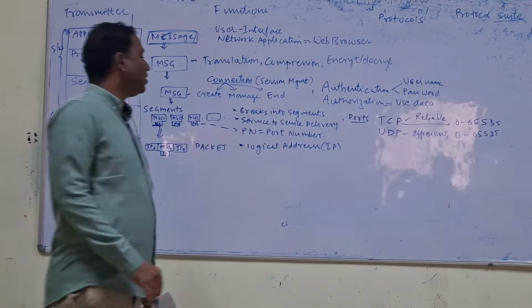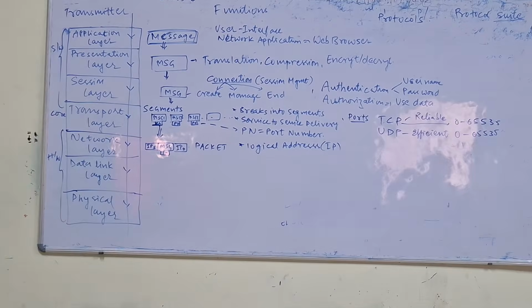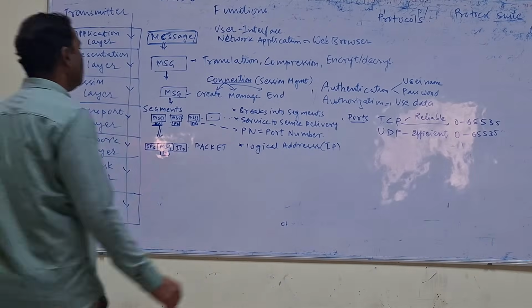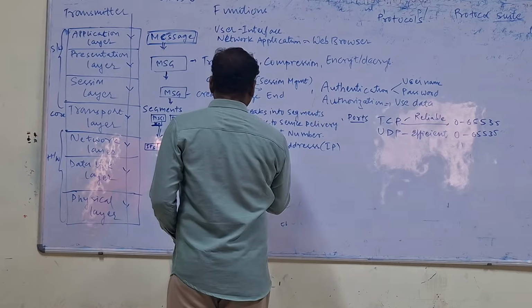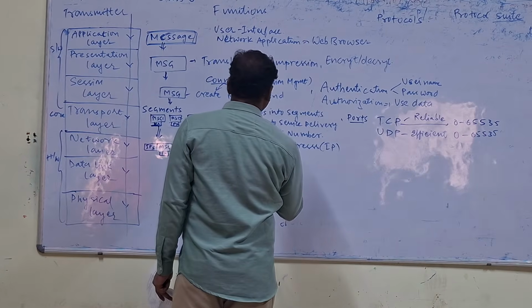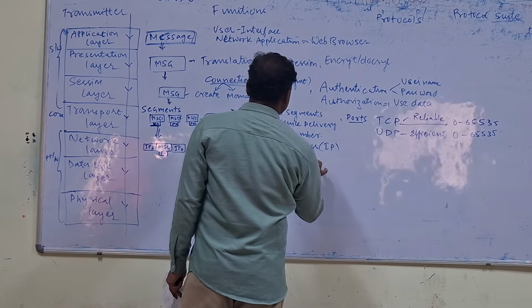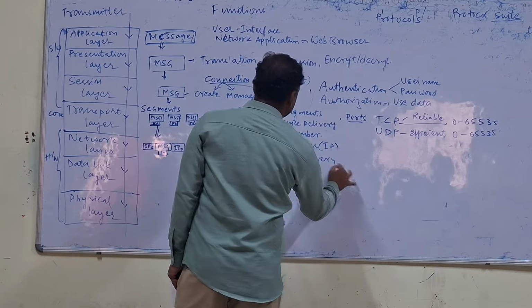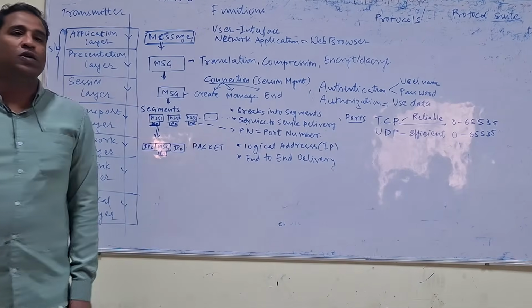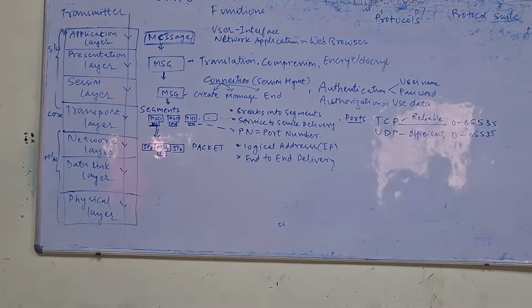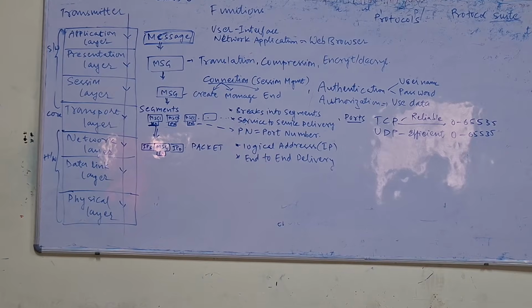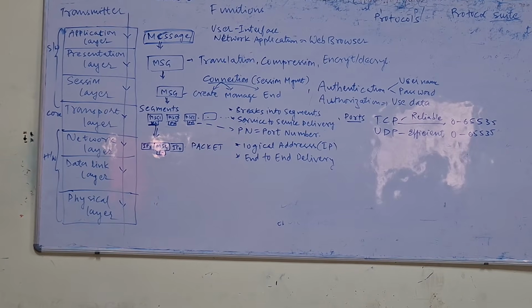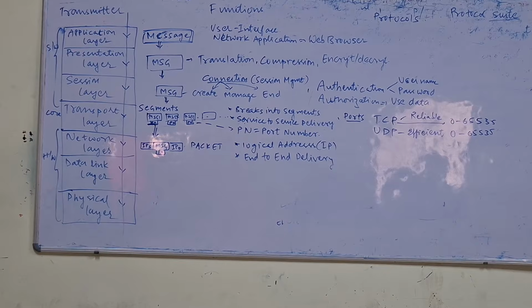Your IP address is the logical address. And here, service to service delivery is end to end delivery, from transmitter to receiver, to your device, not to your service. Just now I gave the example for service to service. Clear?